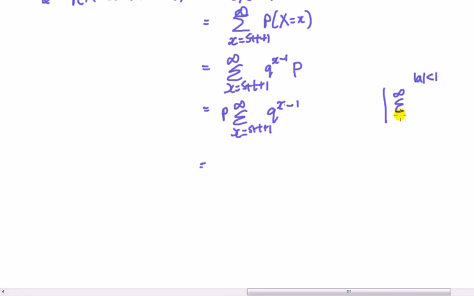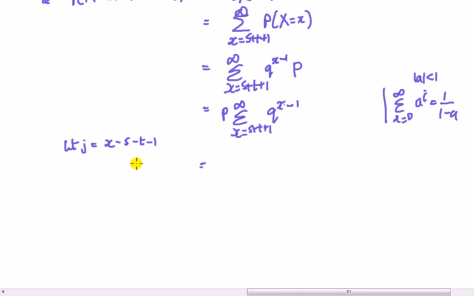We know something like this is equal to a to the power i sum is 1 over 1 minus a, isn't it? So we would like to use this result, but we're not starting at 0, so we want to make a substitution for this. So what we want to say is something like let j equal, and then just take all these guys to the left hand side, x minus s minus t minus 1.